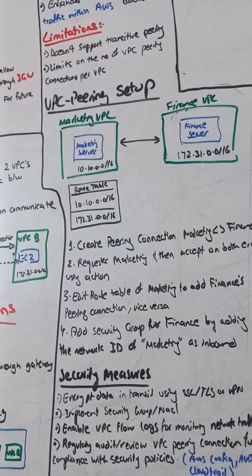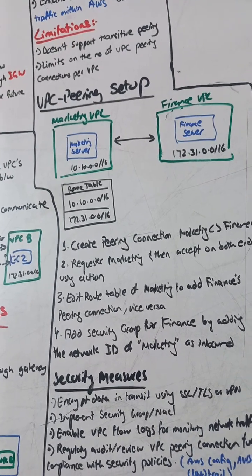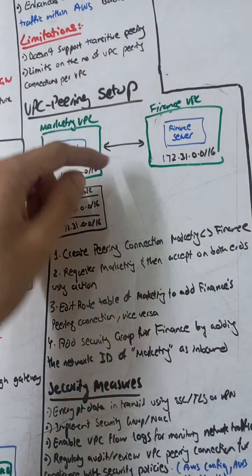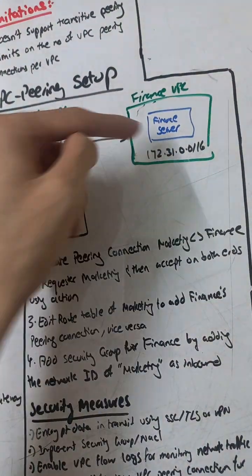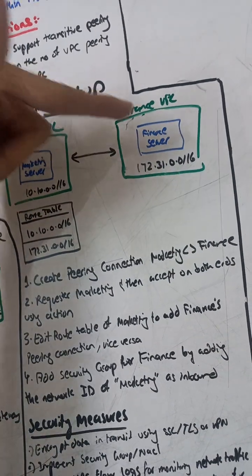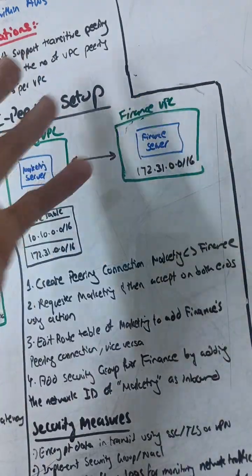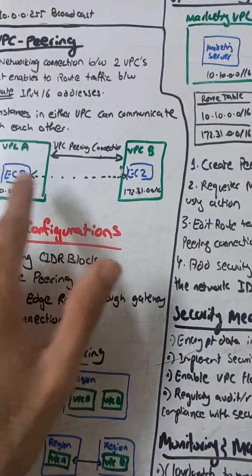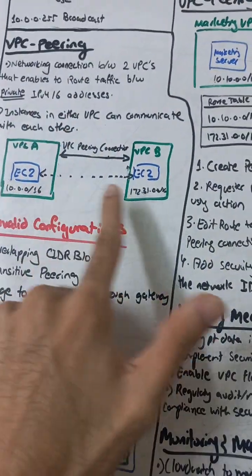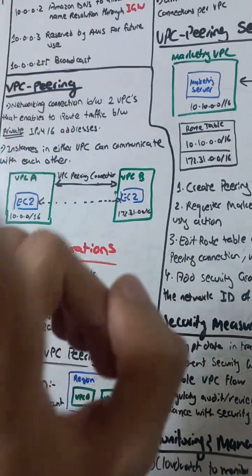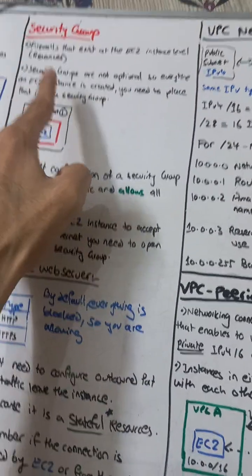Once you have configured the route tables for both of them, you then need to add a security group for the finance VPC by adding the network ID of marketing as inbound, because again this is requesting it. So this is entering the subnet of this, and it's going to access the EC2 or whichever service it needs to access. Remember when we were talking about instances being able to communicate with each other: whenever we're talking about instances, not subnets, we need to use security groups.